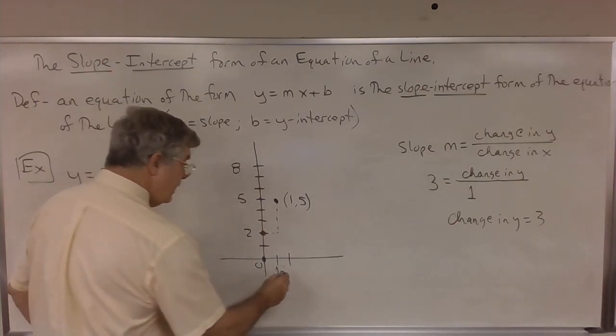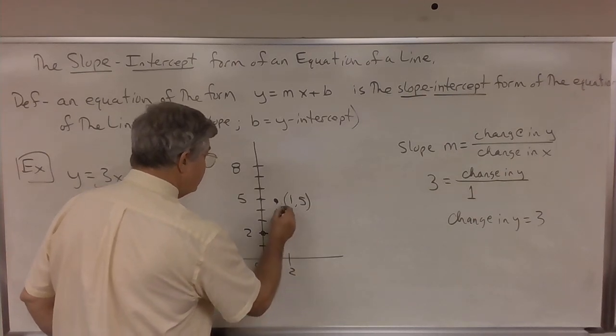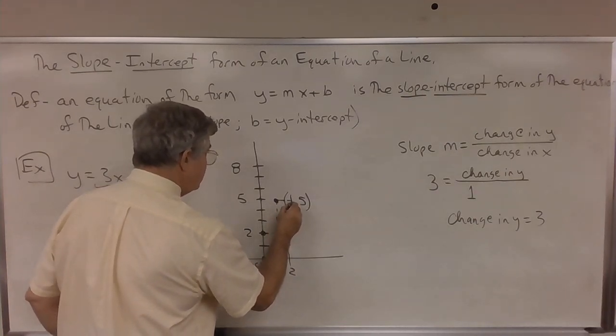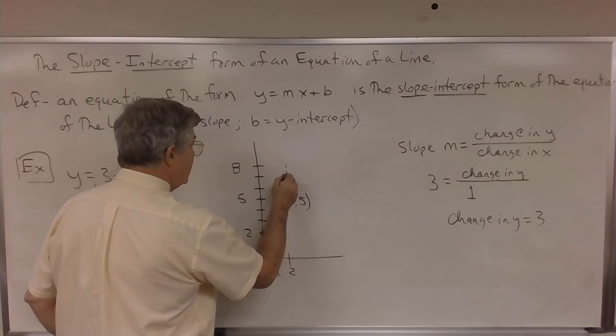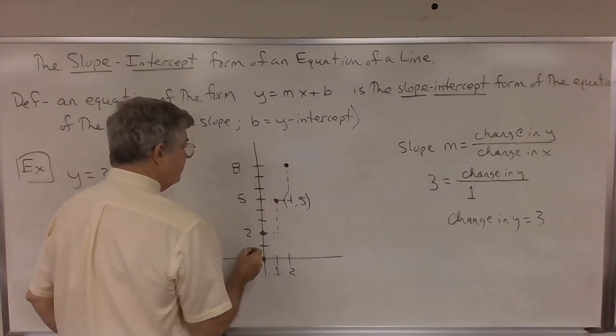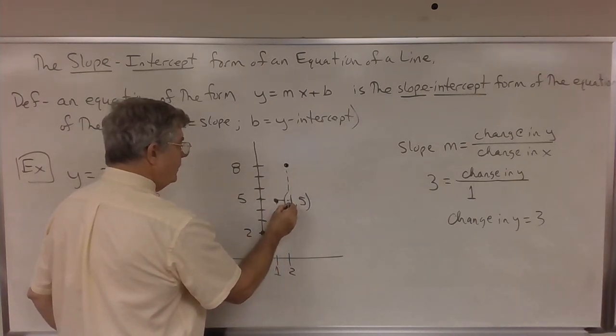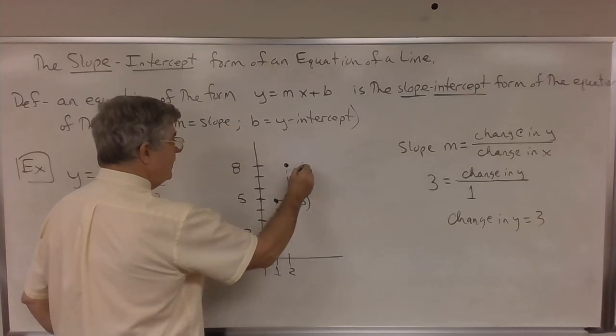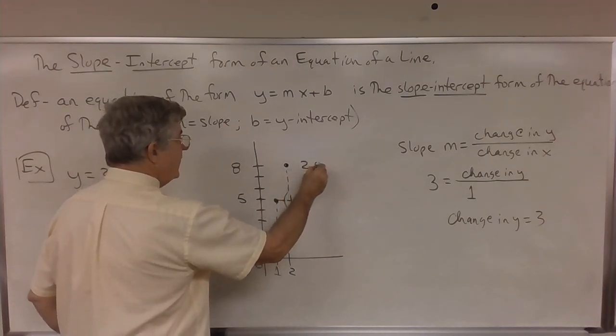Now, can we do it again? Sure we can. Change in x is 1. Change in y is 3. So we go over 1. We go up 3 to the next point. And this is going to be 2, 8.